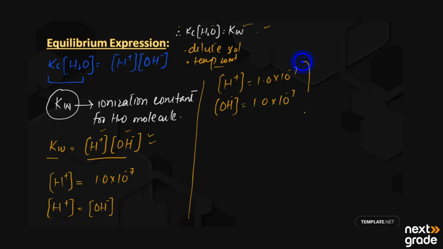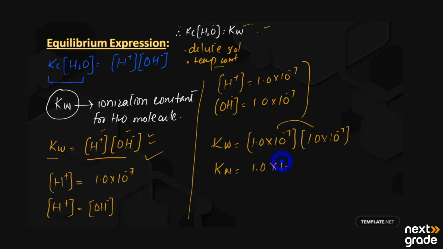So by putting these values into this equation, we get Kw is equal to 1.0 × 10^-7 times 1.0 × 10^-7. By solving, we get 1.0 × 10^-14.